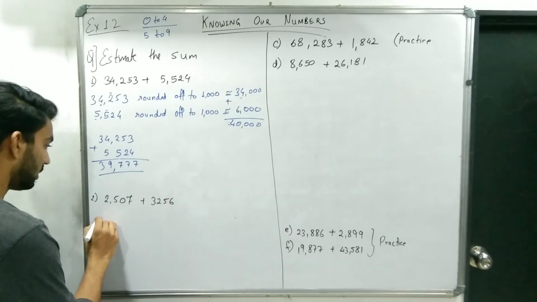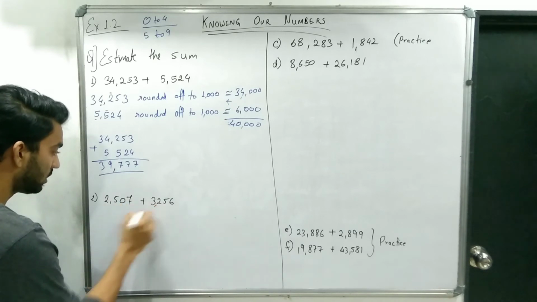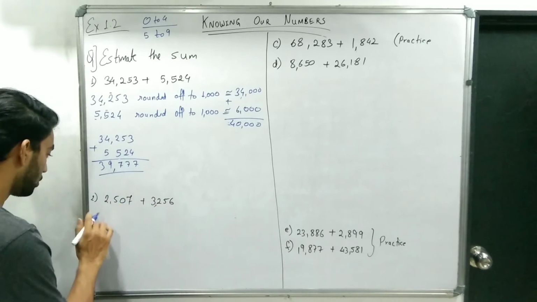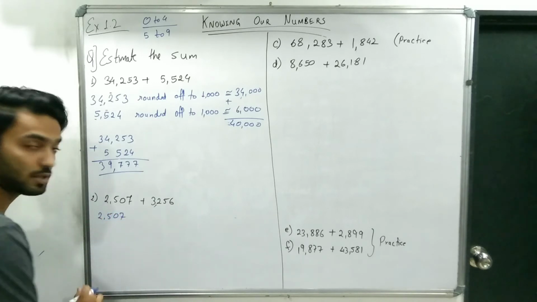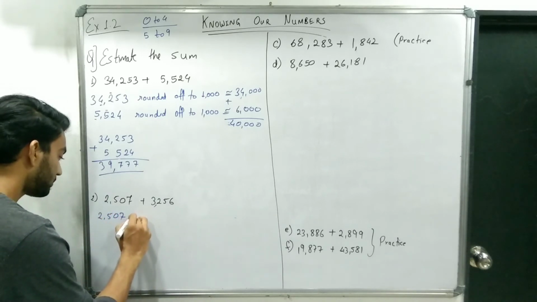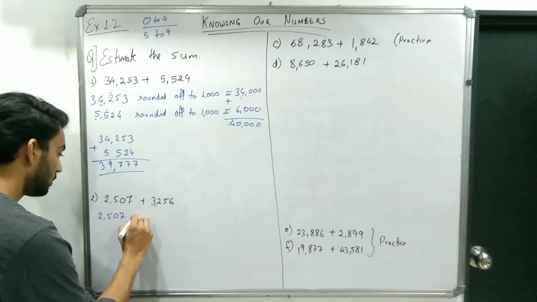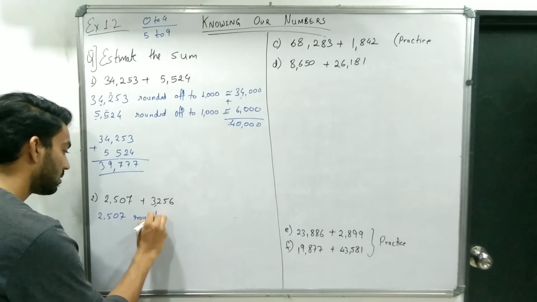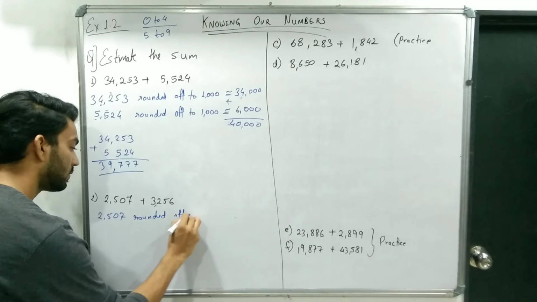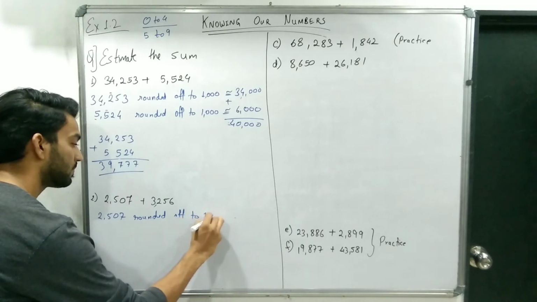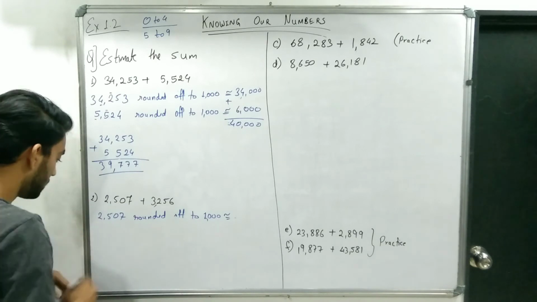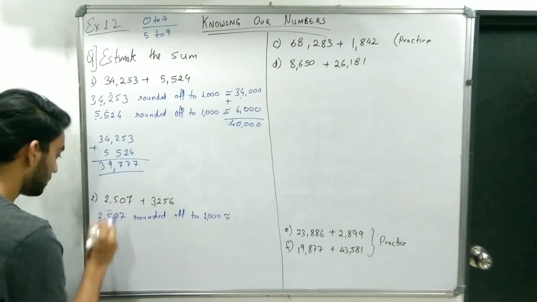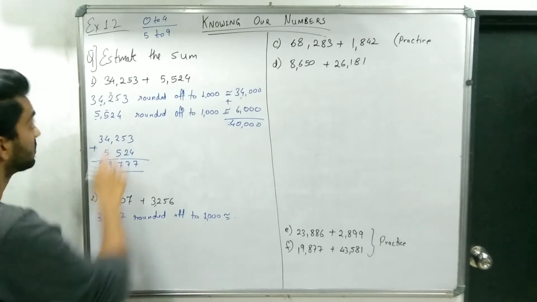Next one, both the numbers are 4-digit numbers. In that case, we round off to the highest place value of both. So this will be rounded off to 1000. The thousands place is this, and this is the next digit, which is in the second group.